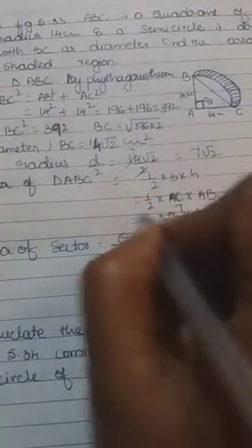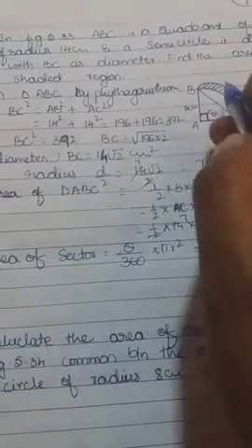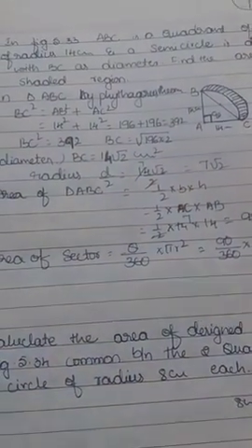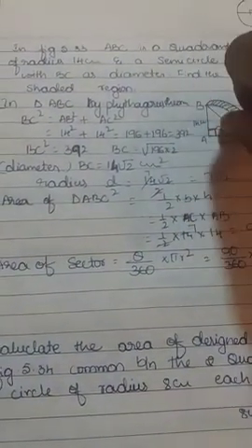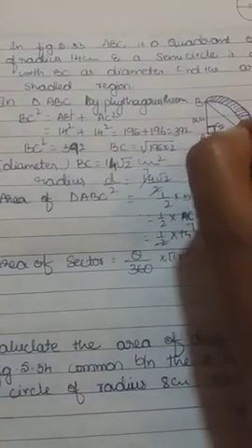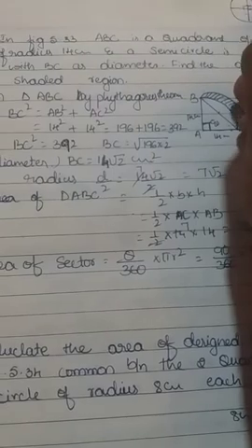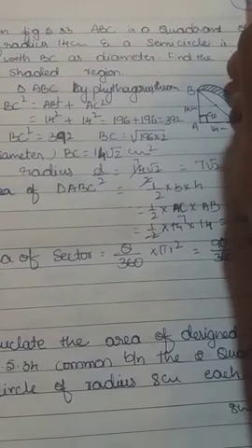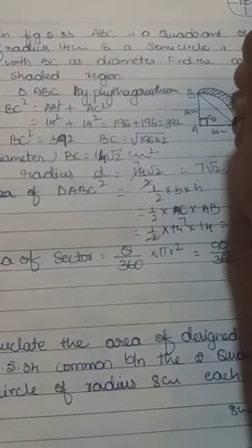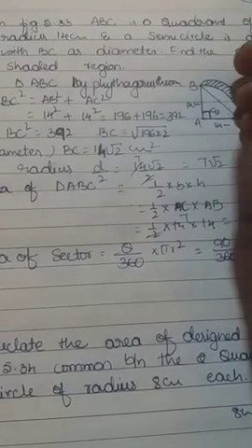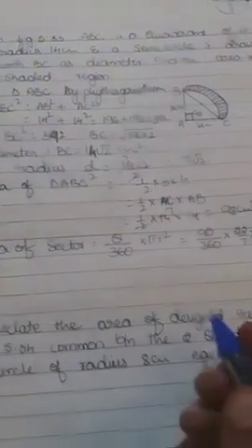This is the radius of the semicircle, and this is the radius of the big circle. Don't get confused. The radius of this circle is 14, and the radius of the semicircle we got is 7 root 2. That is the radius of the semicircle.